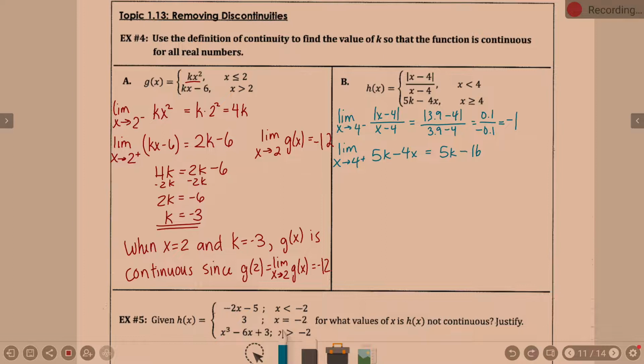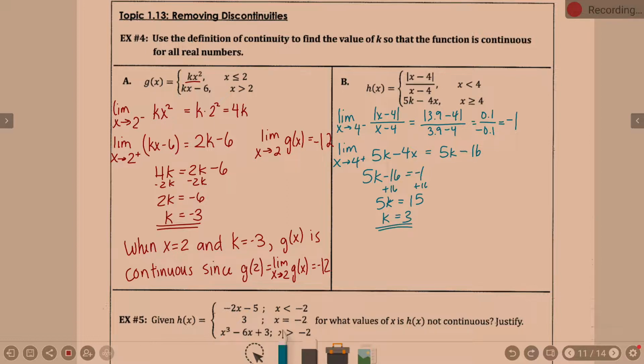So what do we know? We can set up the algebraic equation. 5k minus 16 equals negative 1. Add 16. 5k is 15.